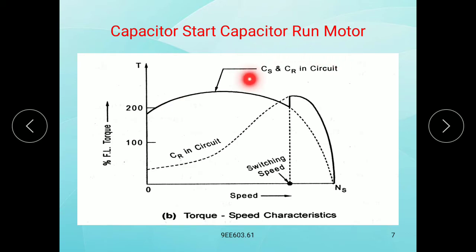It is a combination of CS and CR, and then the speed increases with small variation in the torque.